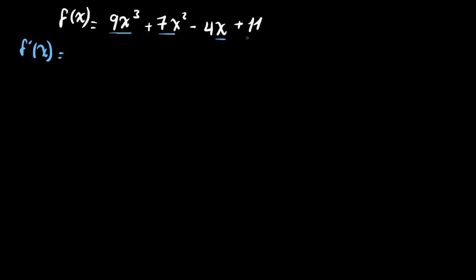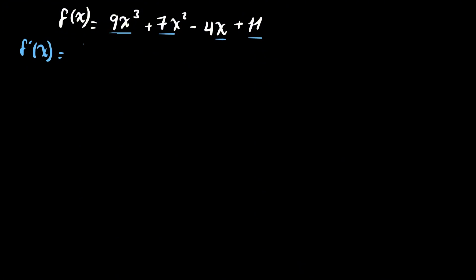Let's say 9x cubed plus 7x squared minus 4x plus 11. So f prime of x is, we're going to get the derivative for each term separately.